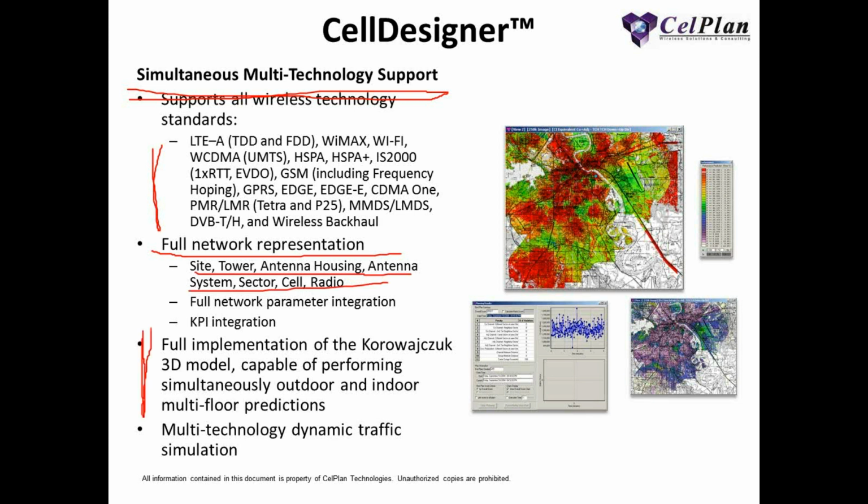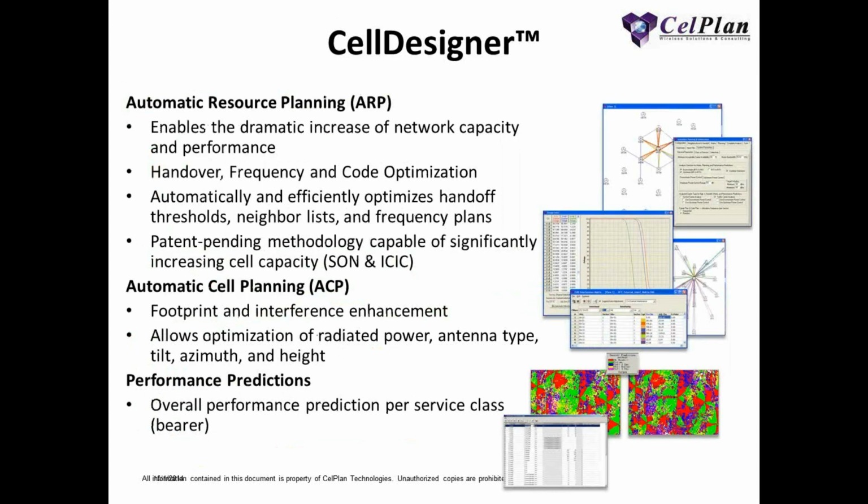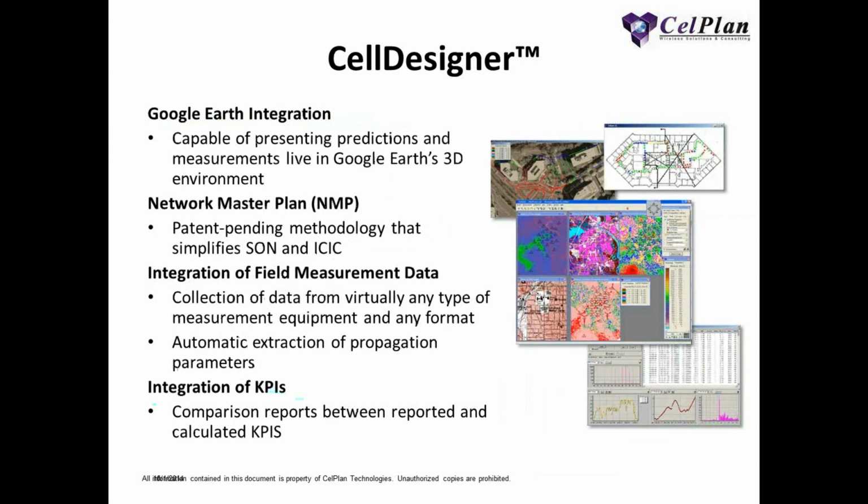You will get even a more advanced Korowajczuk 3D model coming. Has multi-technology dynamic traffic simulation, automatic resource planning, automatic cell planning, and thus performance prediction. So it's really an unbelievable tool.